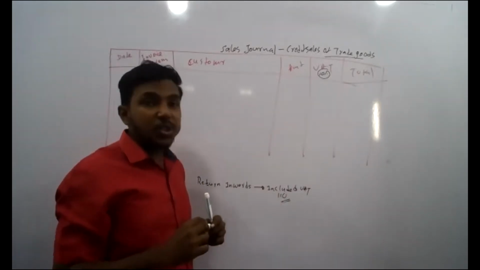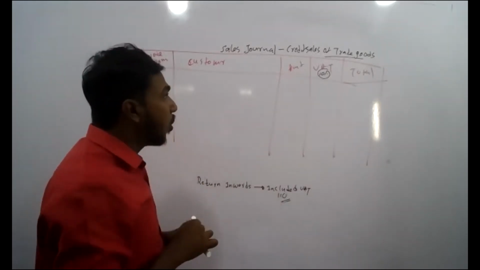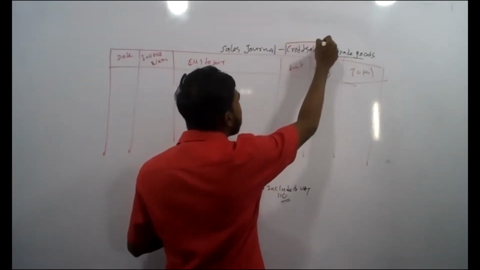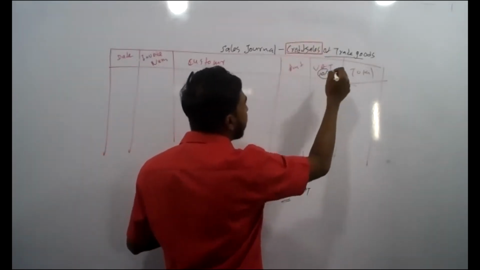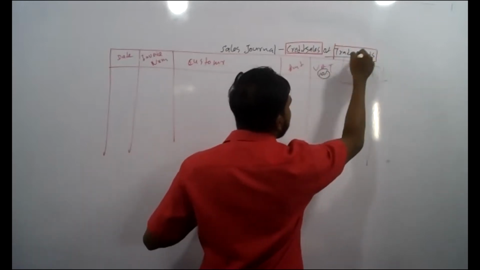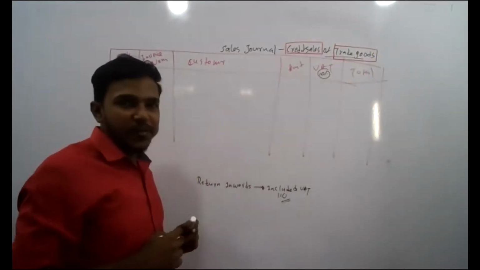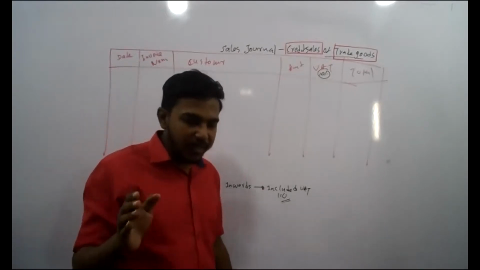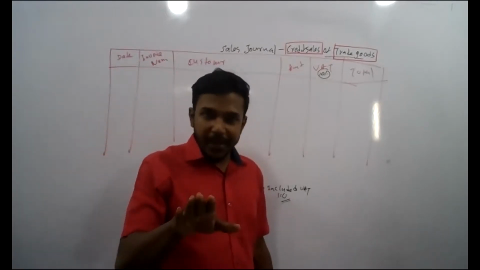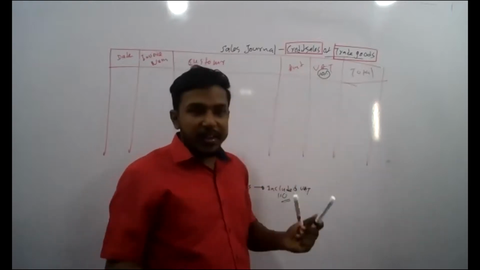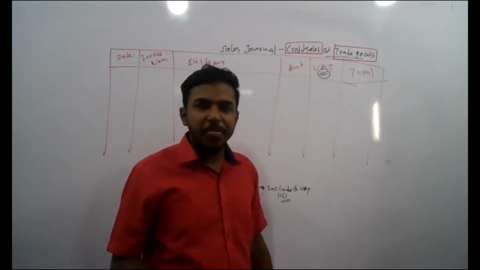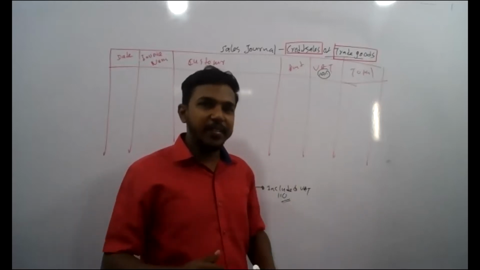So two conditions must be satisfied for the sales journal: first, it is a credit sale, and then it is trade goods. So be careful. Only the relevant transactions for the sales journal can be recorded here. Other than that, you can't record anything else.